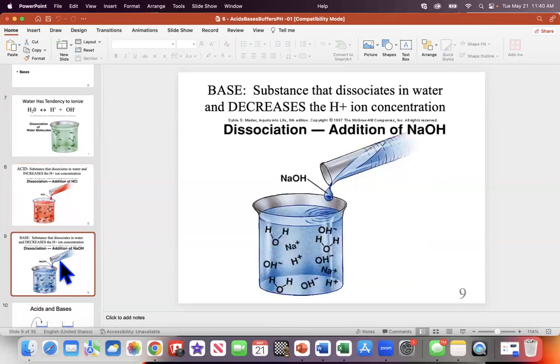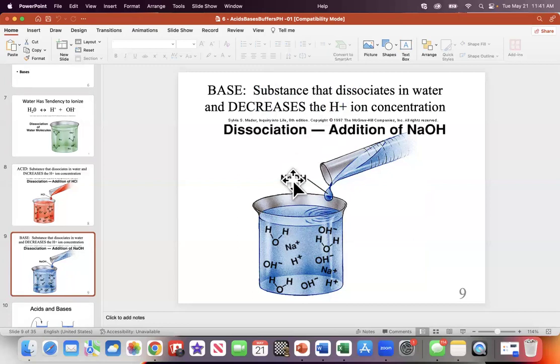Then what's a base? For base, we have two definitions. The old definition is that you have more OH. Like when you add NaOH into the solution, now it has more OH. That's the old definition. Then the textbook wanted to define everything by hydrogen, so about 10 years ago they changed the definition. They say a base can decrease the hydrogen concentration.